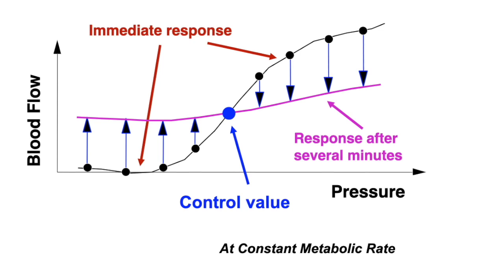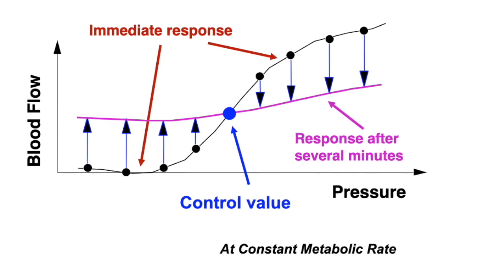Depending on how much pressure increase there is, there's a jump up to the associated point, that black dot on the black curve, which I'm calling immediate response. But if we wait for seconds to minutes, then that response reduces, and the blood flow goes back to the level before the increase in pressure. The same is true in reverse if the pressure decreases. Initially, there's a decrease in blood flow, but that decrease is then restored.